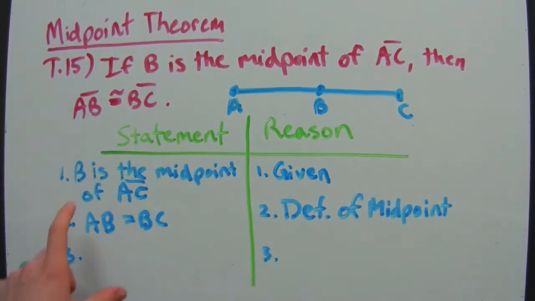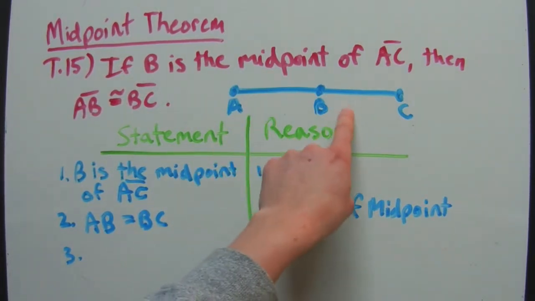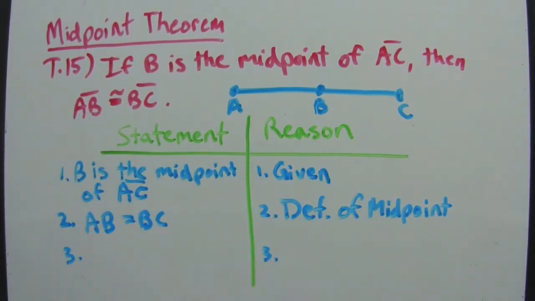So it's given that B is the midpoint of segment AC, and that's going to be our first step, to state that. Since B is the midpoint, by definition of midpoint, the length AB is equal to the length BC. And we know that if two segments are equal in length, then they're congruent.